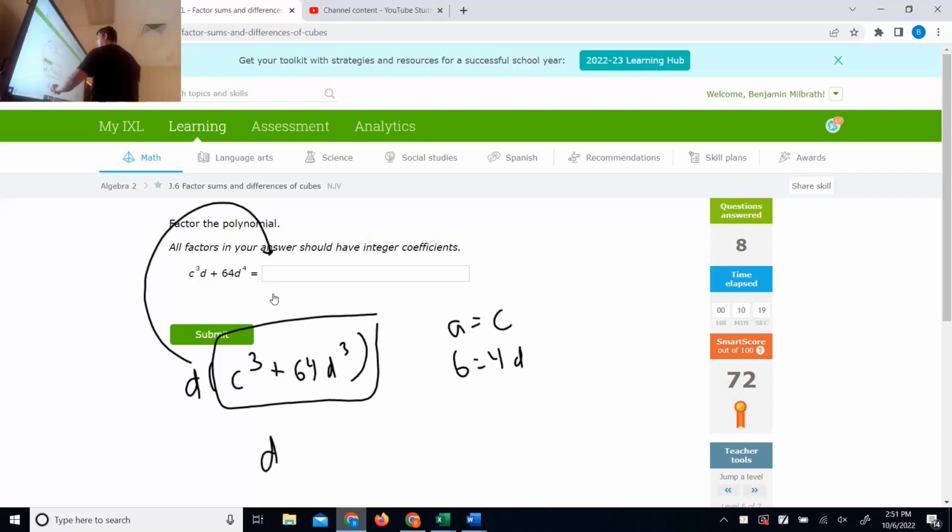So I have that leading d, then I have c plus 4d. One thing I haven't been doing on the other ones is showing some little nitty gritty. I take c and I square it, I get c squared minus, here I'm supposed to do 4d times c times 4d, and plus, I'm supposed to take a 4d and square it.